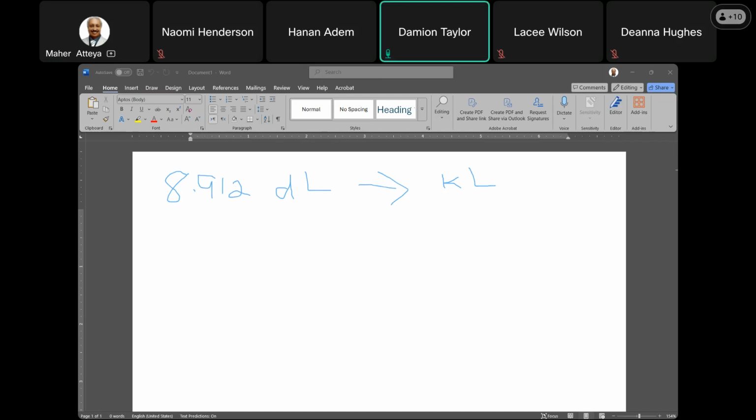I'm not sure what deci is, like 10 to the what, or kilo is 10 to the what. There is a unit table inside iCollege. How do I access that?